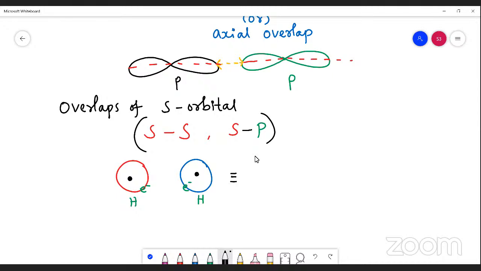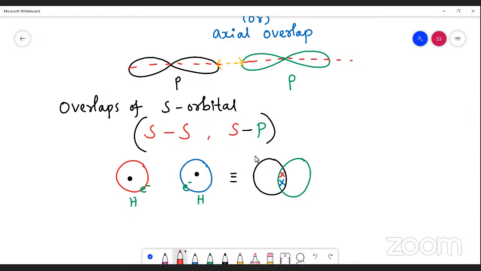Because the s orbital is spherical in shape, these two atomic orbitals combine like this: one atomic orbital of one hydrogen atom, another atomic orbital of another hydrogen atom, and the electron is present only in this region. This is called the overlapping region, and this is called an SS overlap.